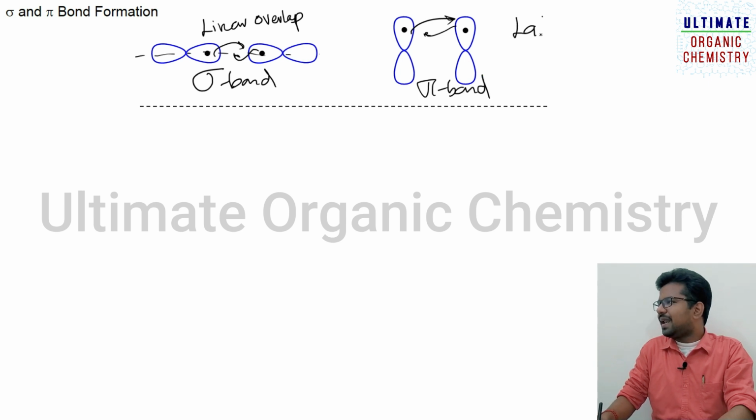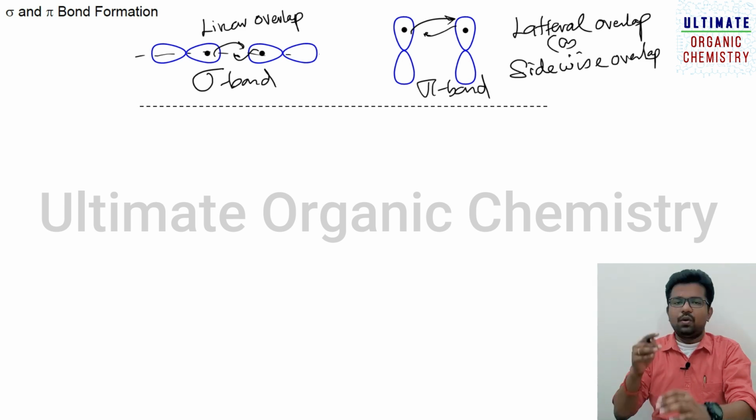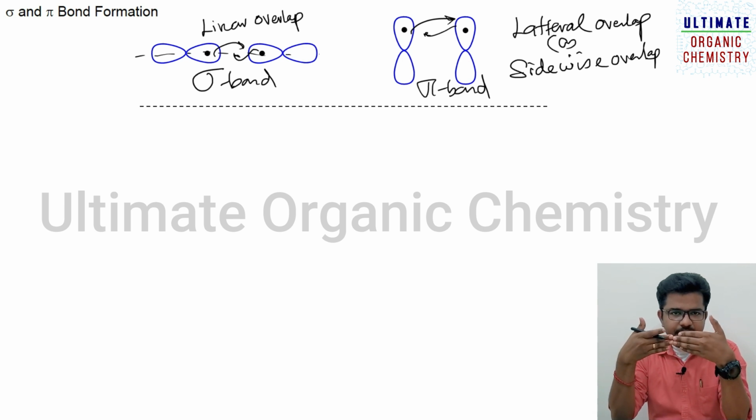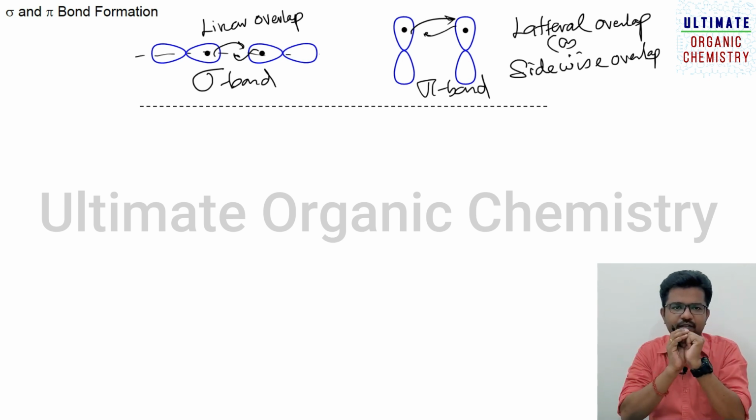It is called lateral overlap or sideways overlap. So linear overlap means it will form sigma bond, lateral overlap means it will form pi bond.